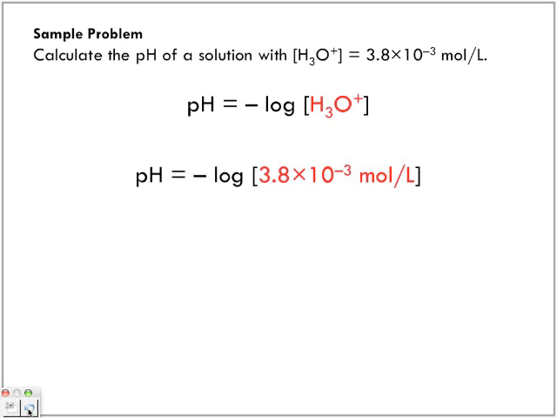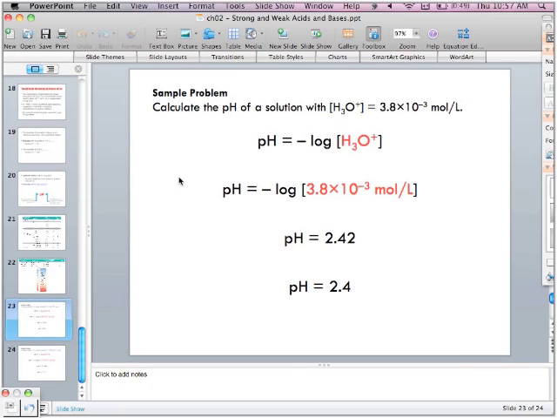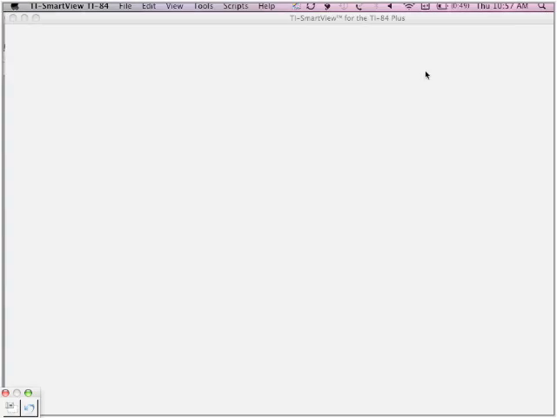I'm going to put that into my calculator. The only thing I won't be able to put into my calculator is the moles per liter. So let me get out the calculator here.